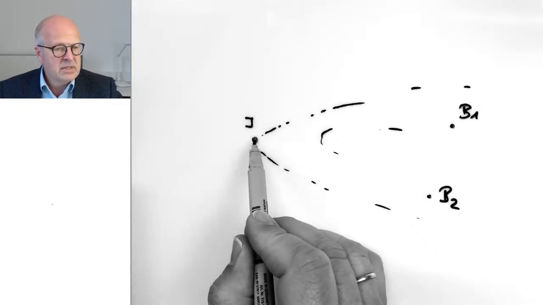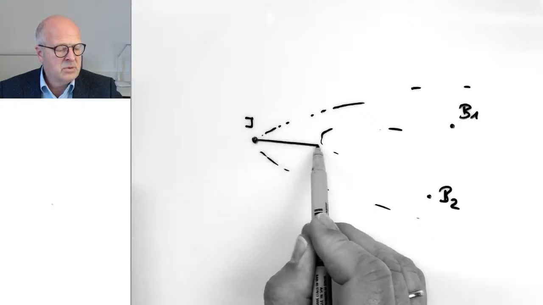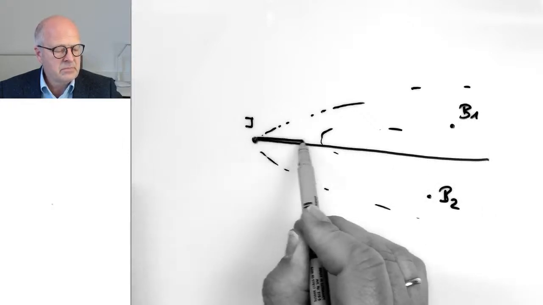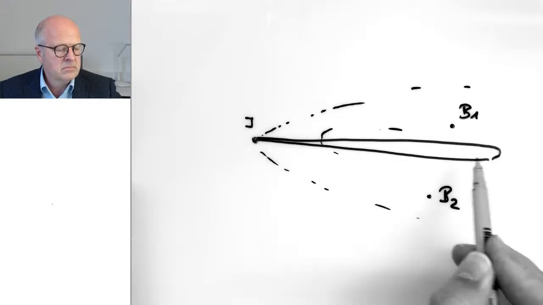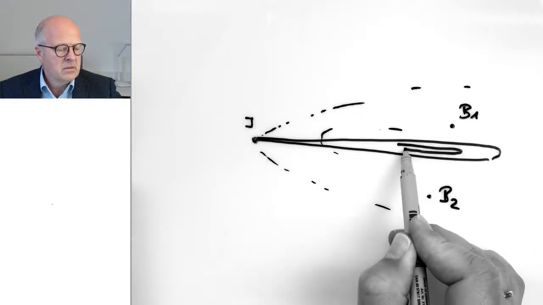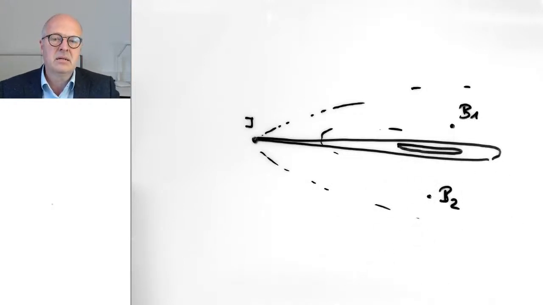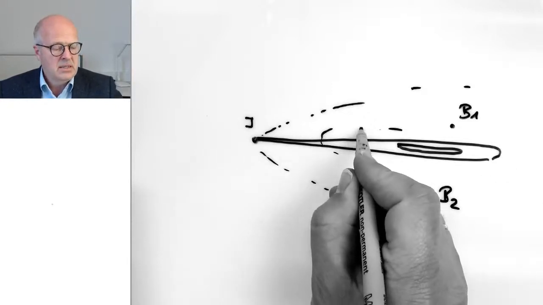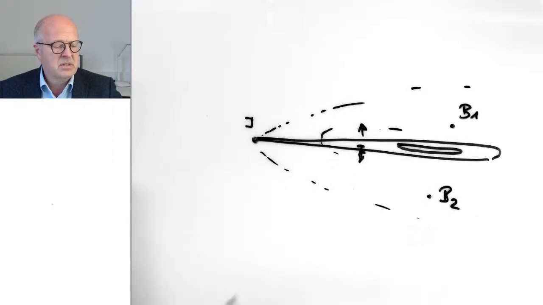However, the tracer cloud just spread like this. And we didn't get any signal in either of the boreholes B1 and B2. So the problem was that we had a very low dispersivity, at least a low transverse dispersivity, and because of that we simply missed the tracer cloud.